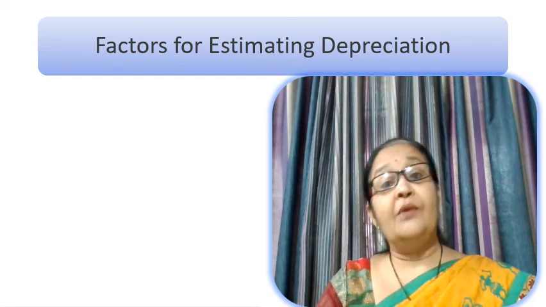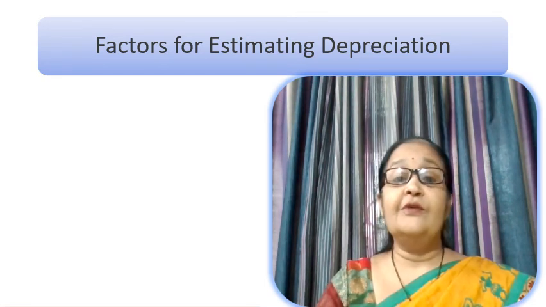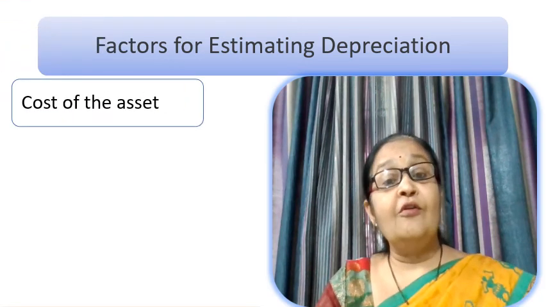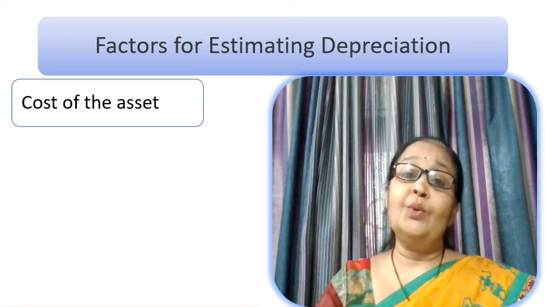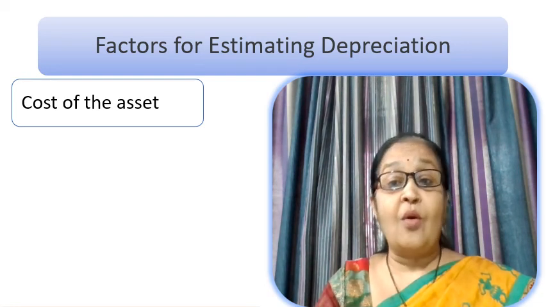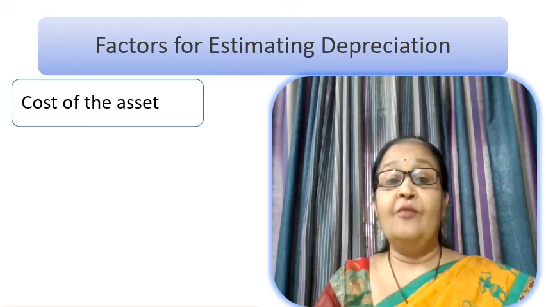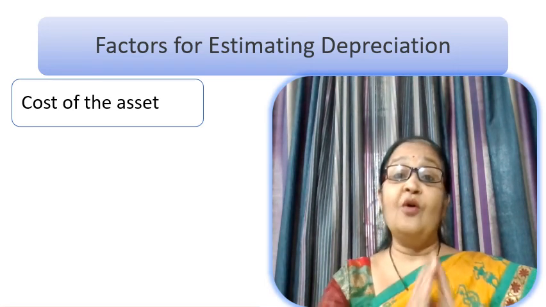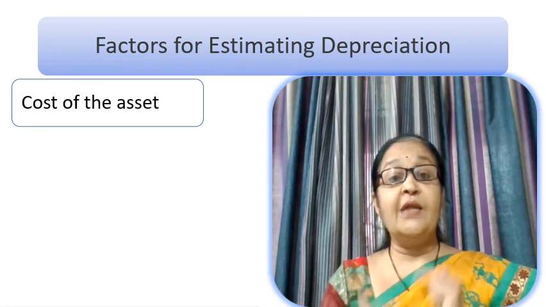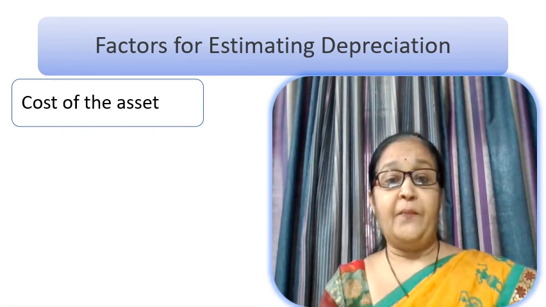in each accounting period. The first one is the cost of asset. The cost of asset is also known as the historical cost. It comprises the purchase price of the fixed asset and the other costs which are incurred to put the asset into working condition.